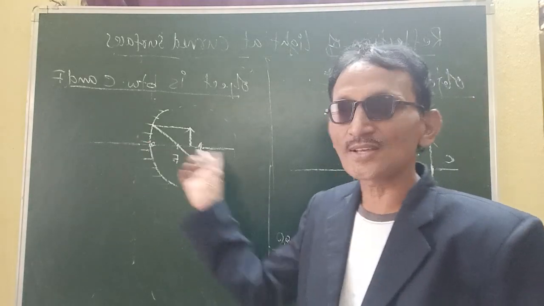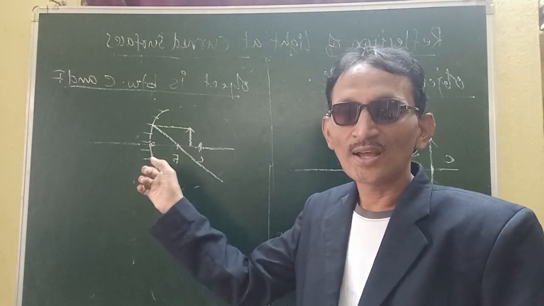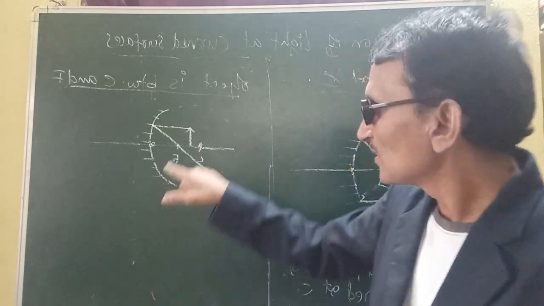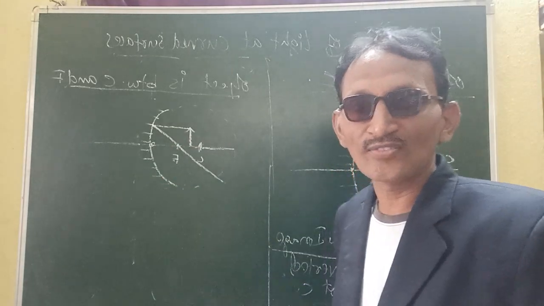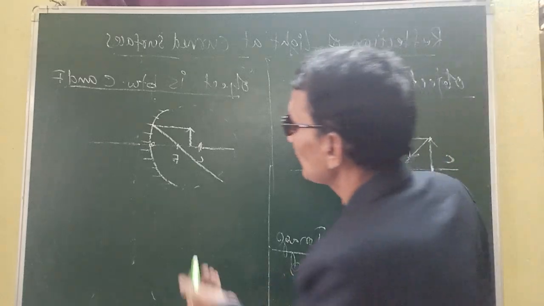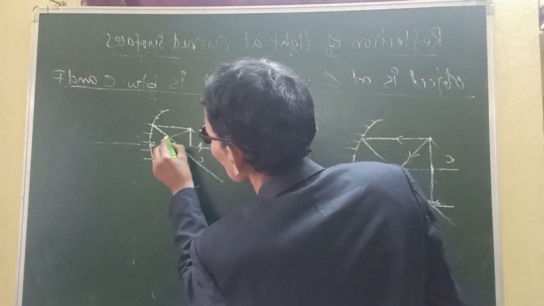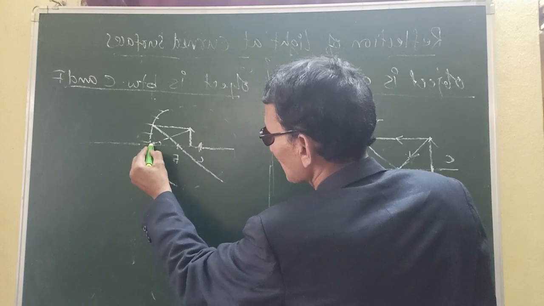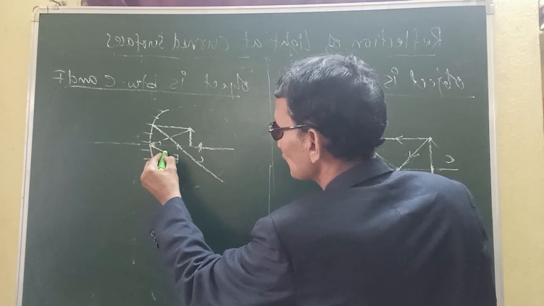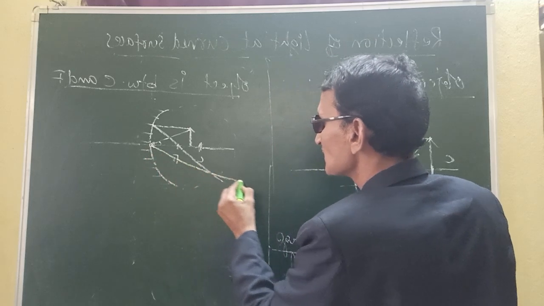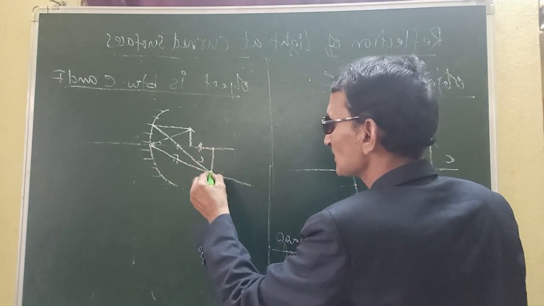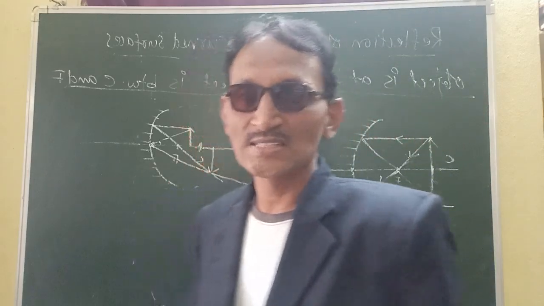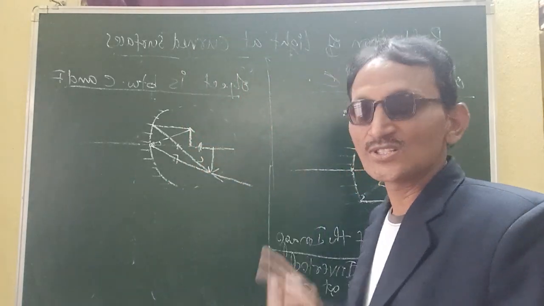Here the principal axis is the normal, and the incident ray and reflected ray all lie in the same plane. At the same time, the angle of incidence is equal to the angle of reflection, which is the first law. So if I take this ray here, as the angle of incidence is the same as the angle of reflection, then it goes out like this, and where the two rays intersect, that point is where the image is formed.